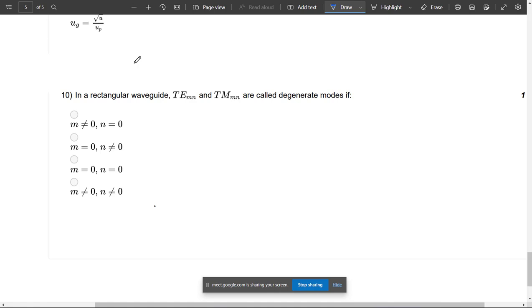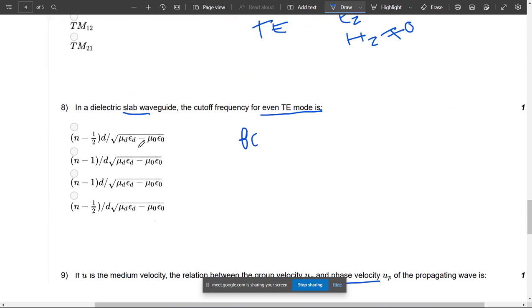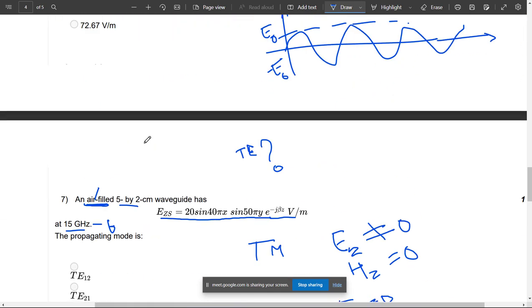Okay, see, those modes which have the same cutoff frequency but different field configurations. Since you know the formula for cutoff frequency, right? There are different formulas for cutoff frequency.